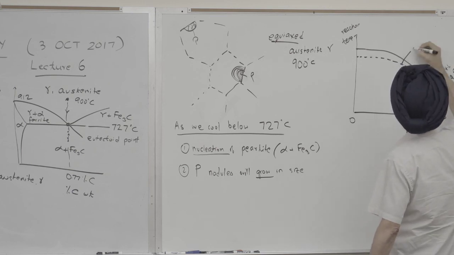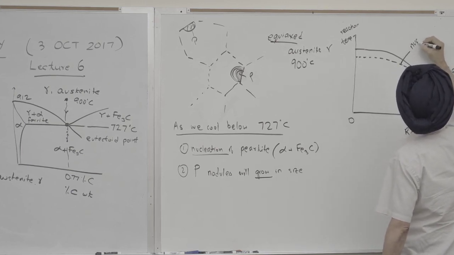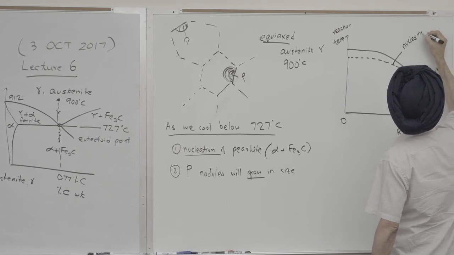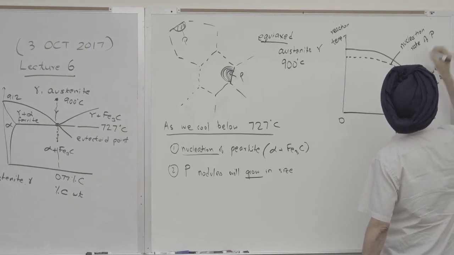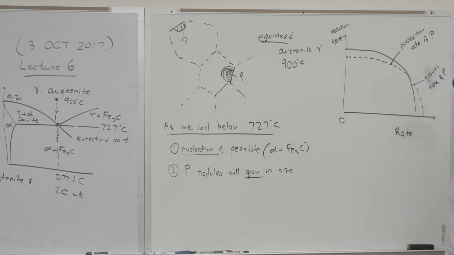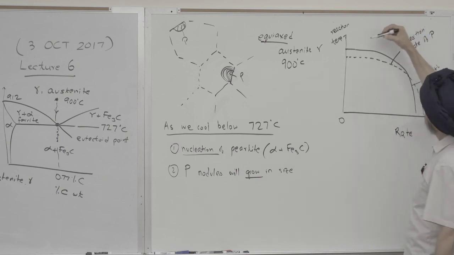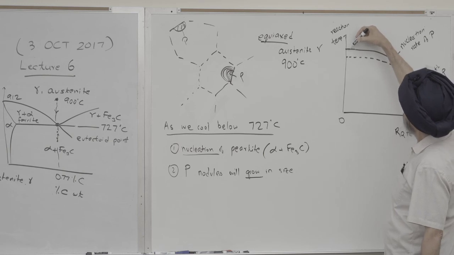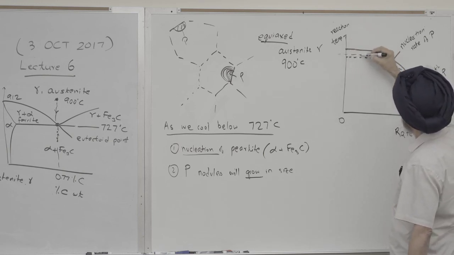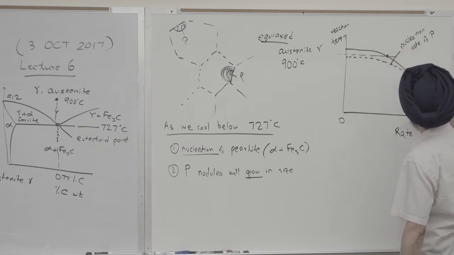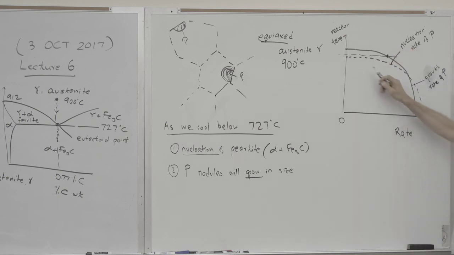So the dotted line is the nucleation rate of pearlite. Notice that as we decrease temperature, let's suppose we are at this temperature. The growth rate is high, but the nucleation rate is very low, right?